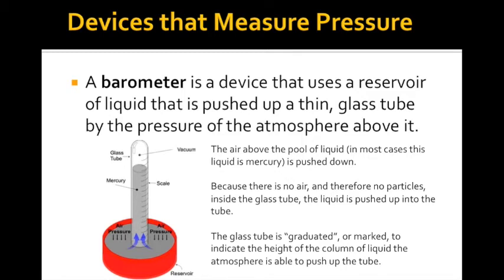The atmosphere, all those particles, that 20-mile deep pool of particles is pushing down on that mercury. And it pushes down with enough force to lift that very heavy, very dense mercury 760 millimeters up that tube. So the atmosphere has that force, it has that pressure. It's the same pressure that you feel from the atmosphere. You're just used to it.